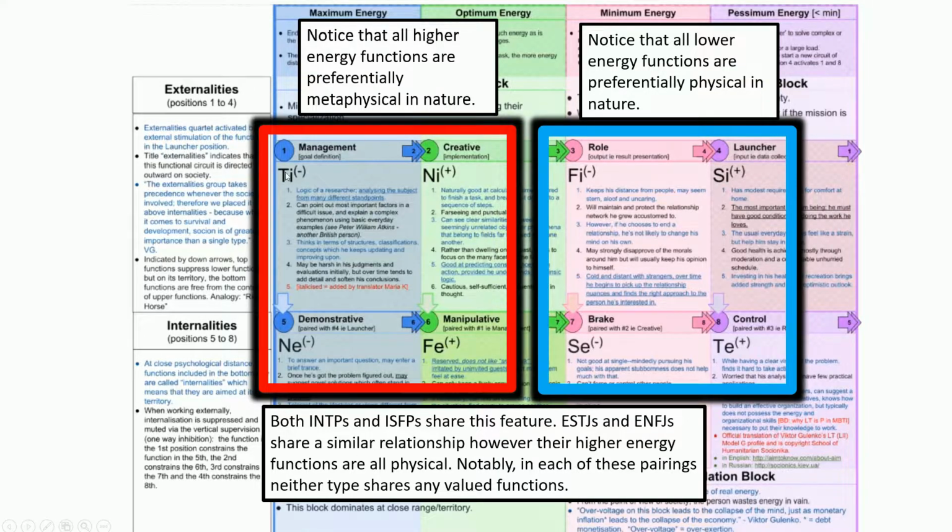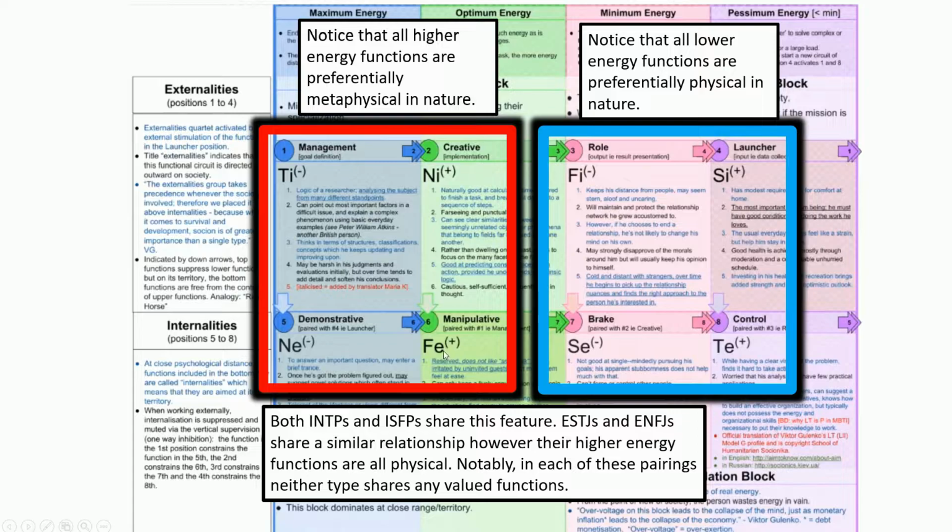Therefore, these functions just come so easily to an INTP. There's nothing stopping these. For example, in an INFP, they've got FI as their dominant function, which is a naturally physical function. So they prefer the physical realms, and their second function is NE.